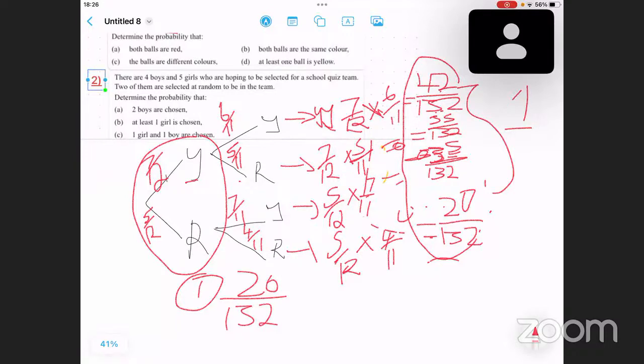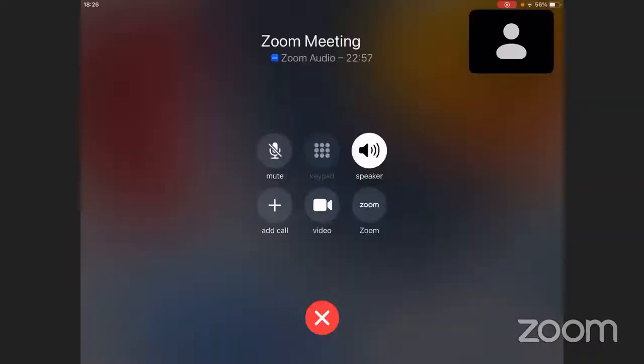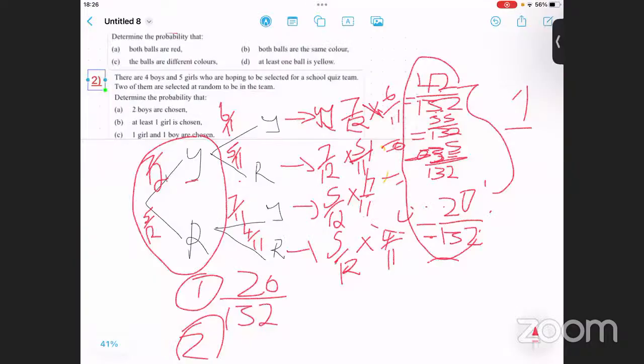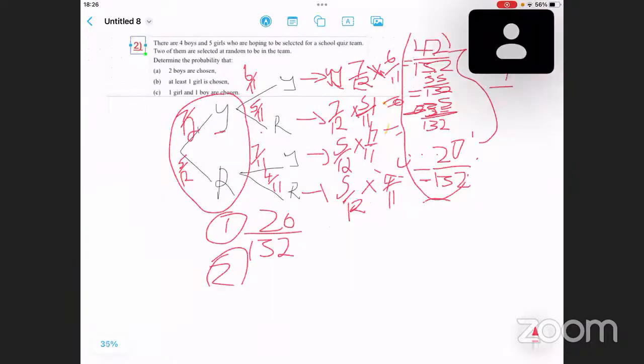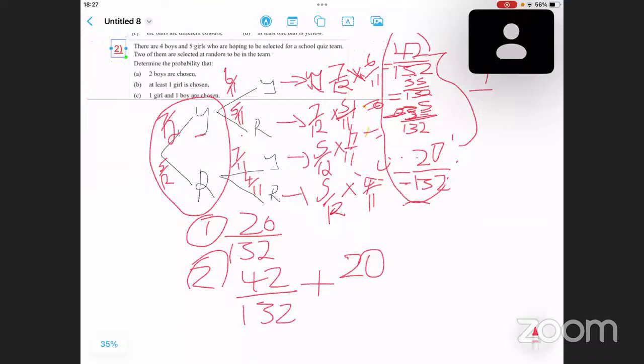So for number 2, the answer is going to be 42 over 132 plus 20 divided by 132.